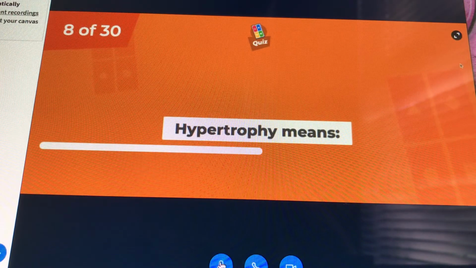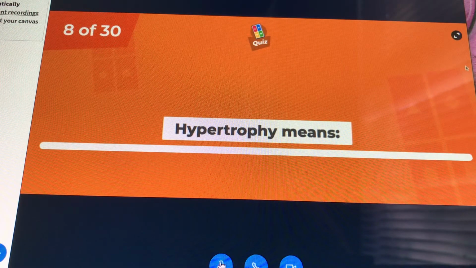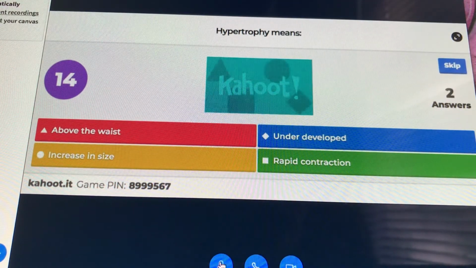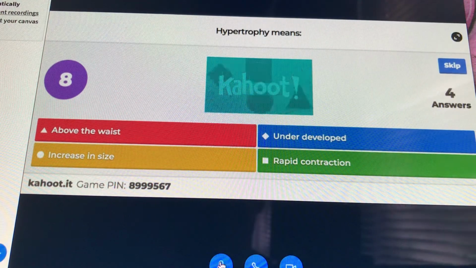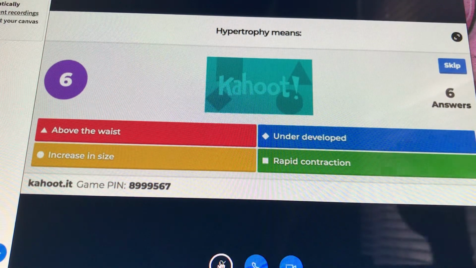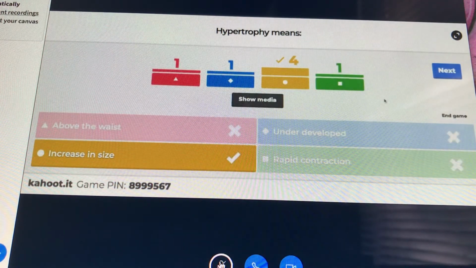Okay, hypertrophy means the increase in size or muscle mass.